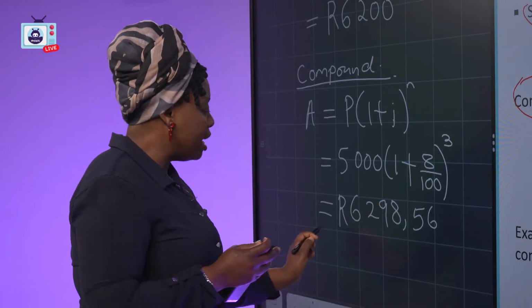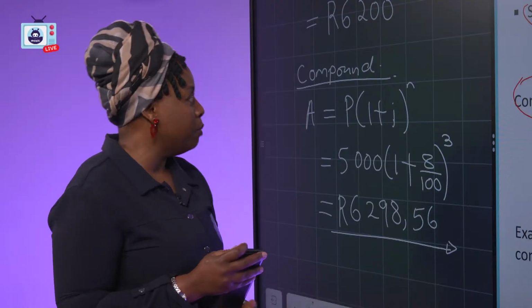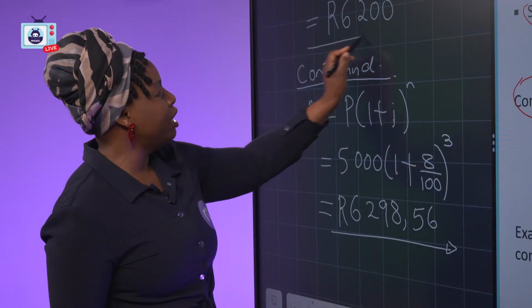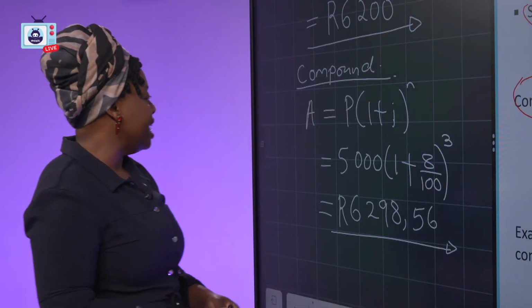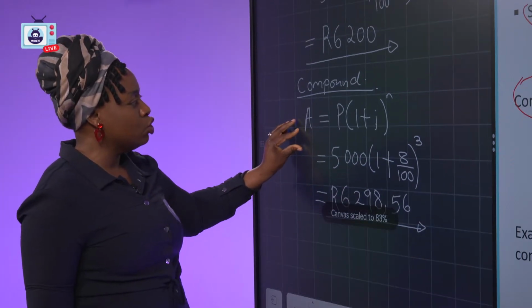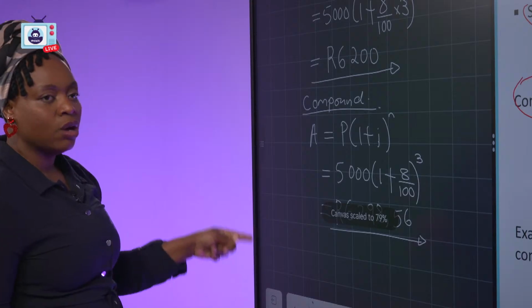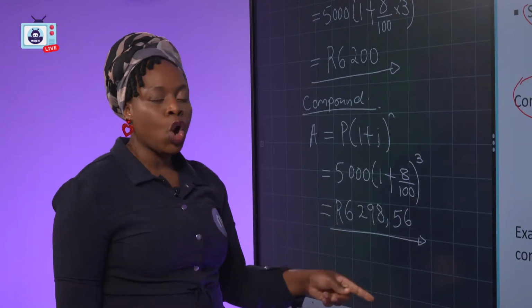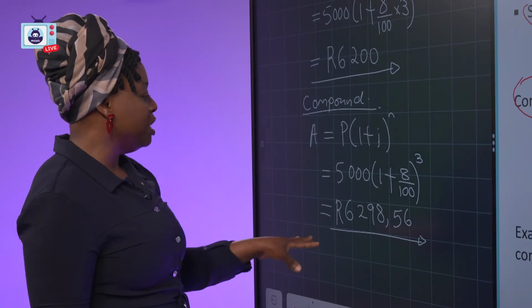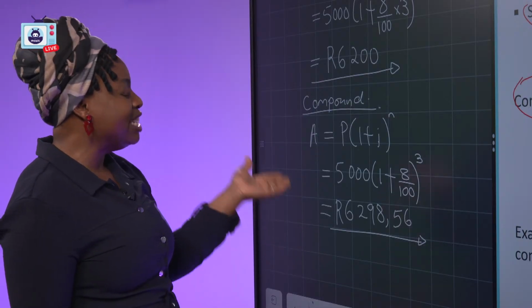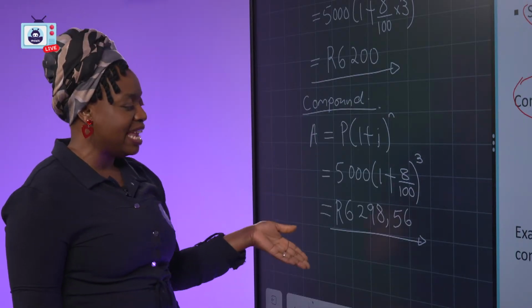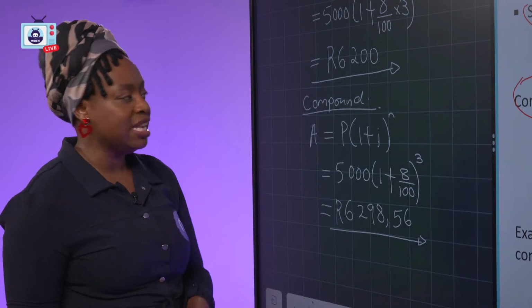So that is what I'm getting. If you look at that, you'll be able to see that for simple interest, the answer was 6,200. But for compound interest, the answer is 6,298.56, which means that for compound interest, there's an additional of about 98 rand, 56 cent.